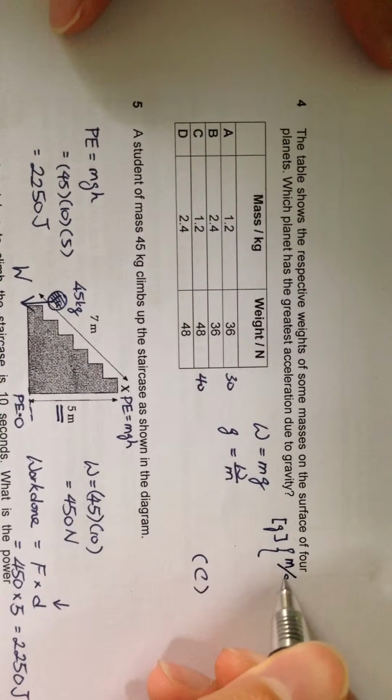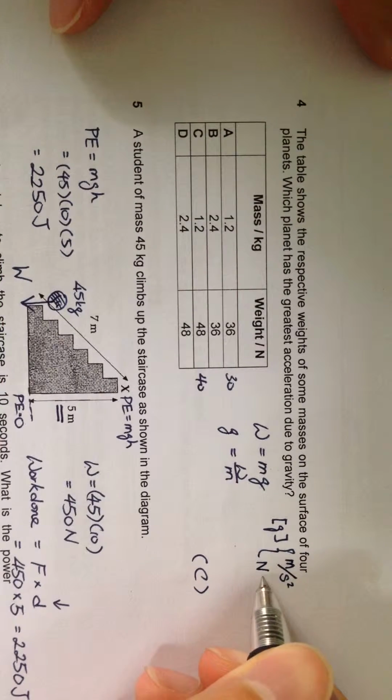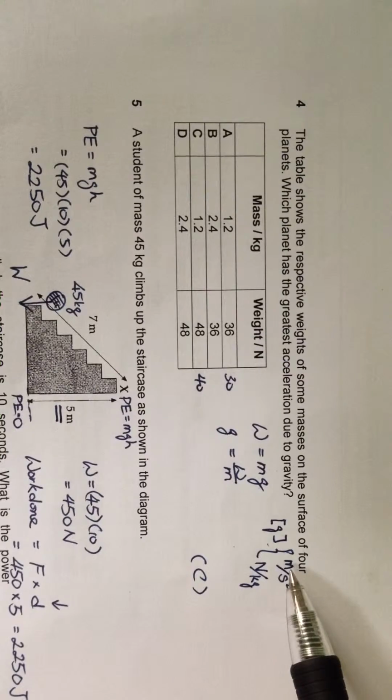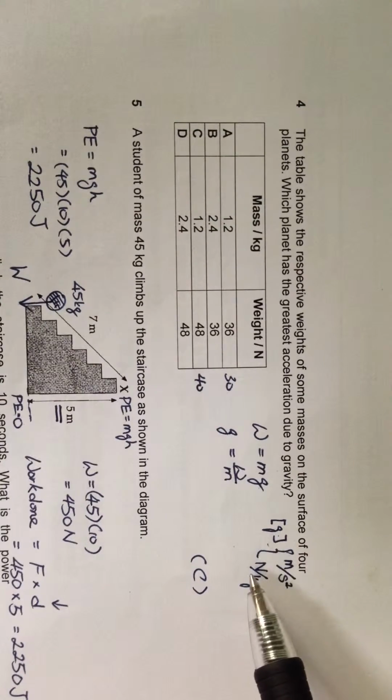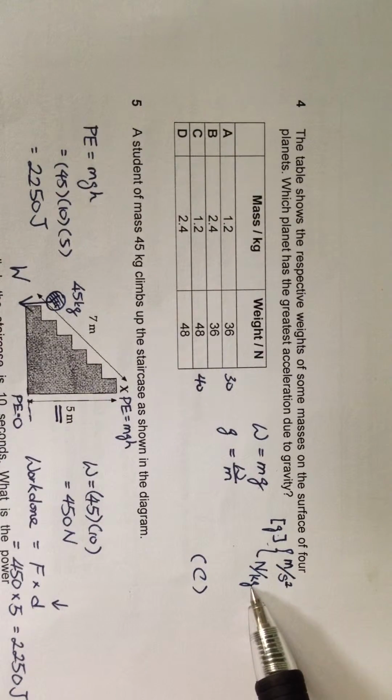One is meter per second square, and one is Newton per kg. Both are g's unit. When you refer to g as gravitational acceleration, it will take on the first unit. If you refer to g as gravitational field strength, then you can use the second unit.